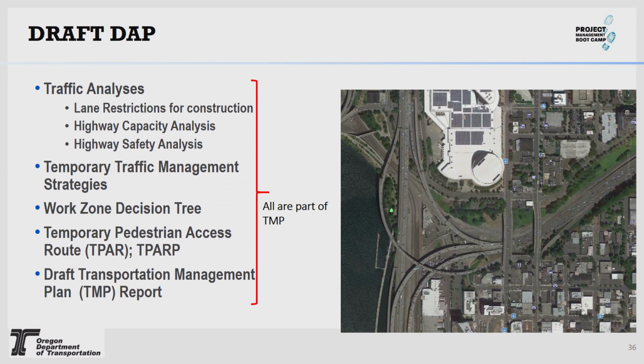And we provide TPAR, Temporary Pedestrian Access Route, which is part of the Temporary Pedestrian Access Route Plan, and the work zone decision tree. Since the last 3-4 years, it has been a very standard practice, and we start from the scoping stage, continuously revising and updating it all the way through construction.